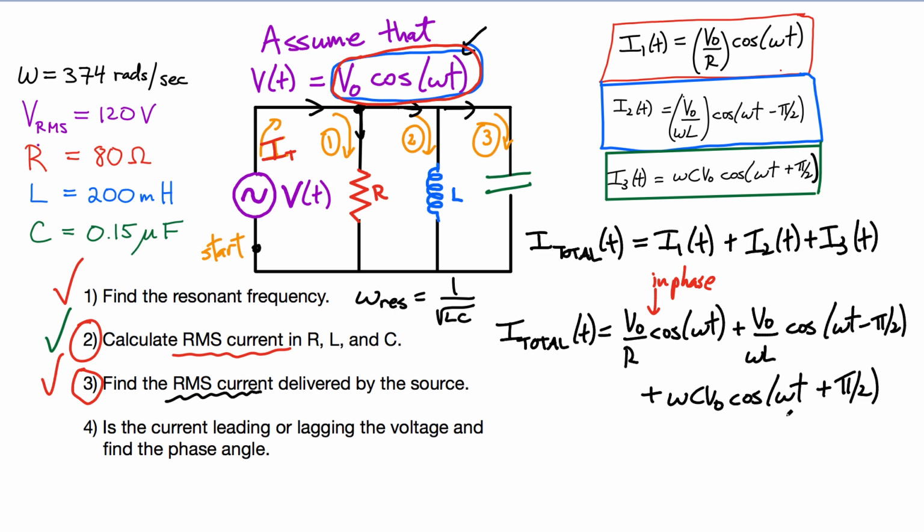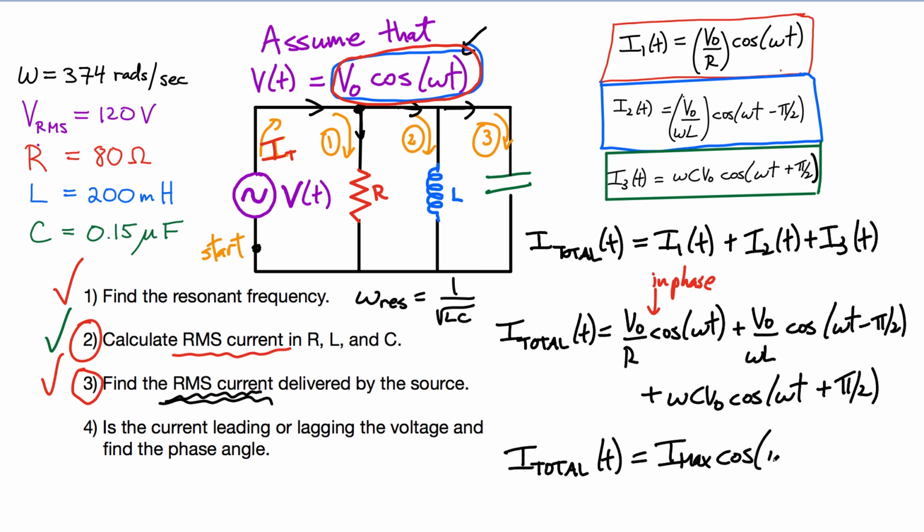All right, so our goal at the end of the day is to write this as one function. Okay, to write it as I total, which is a function of time. We want to write this as one value, so our maximum current, which is basically what we just solved for. We found the RMS before, but you can find the max very simply.